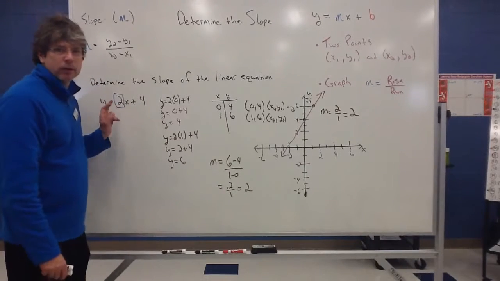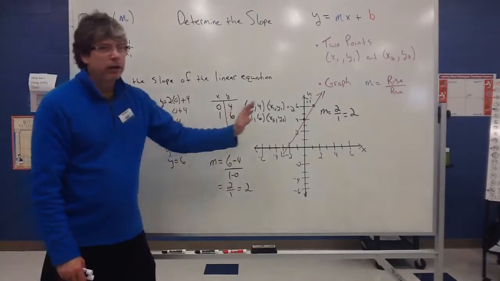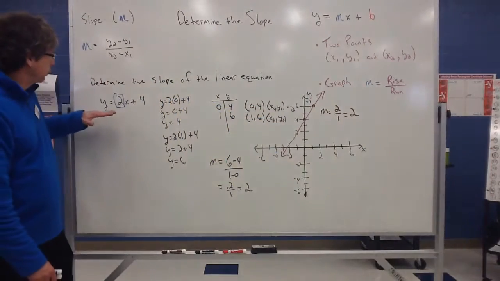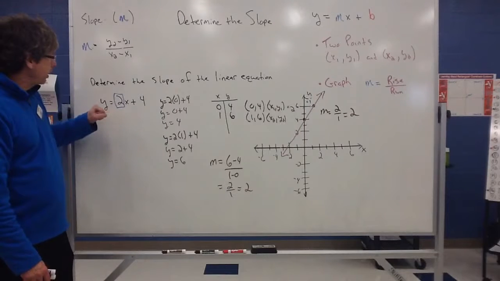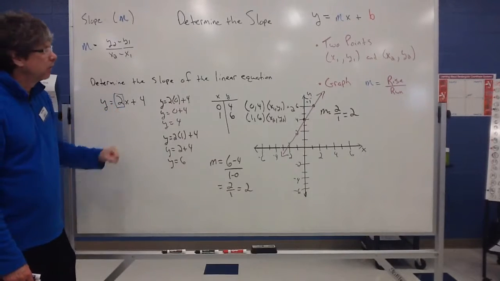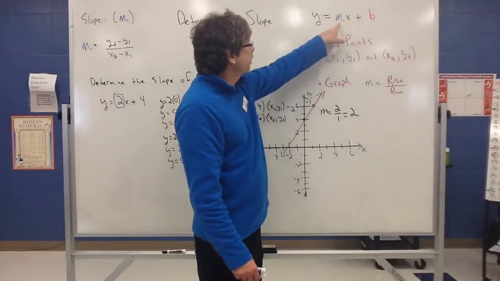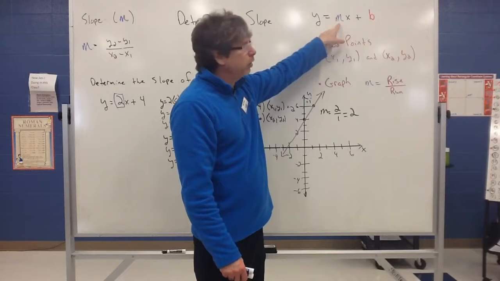That seems to be highly probable that we may not even have to do this math. If I have an equation in this form here, I'm able to identify the slope by recognizing what the coefficient of x is. So the coefficient in front of x is probably going to be our slope.